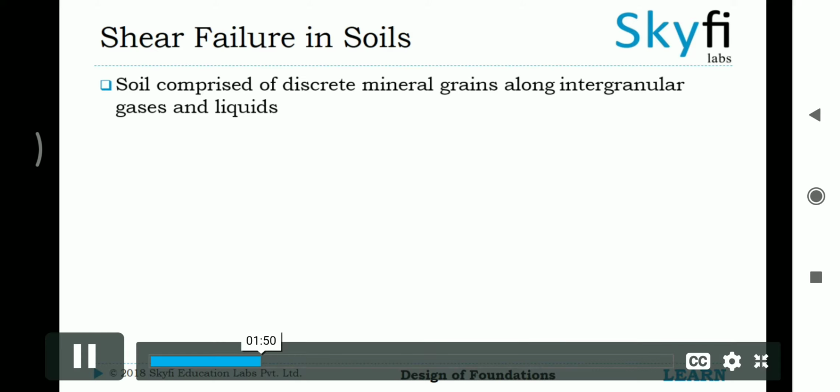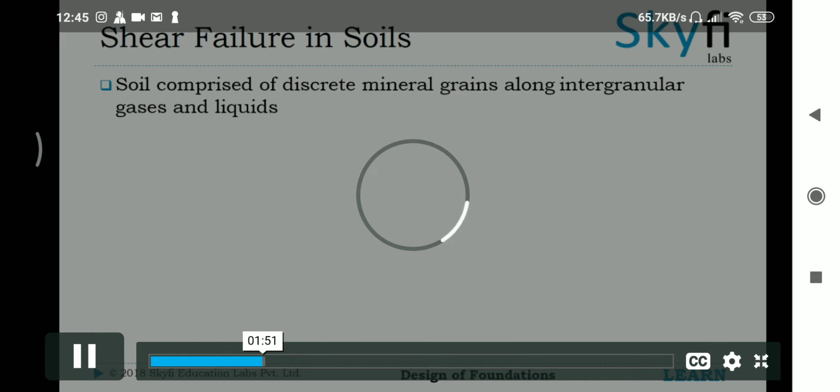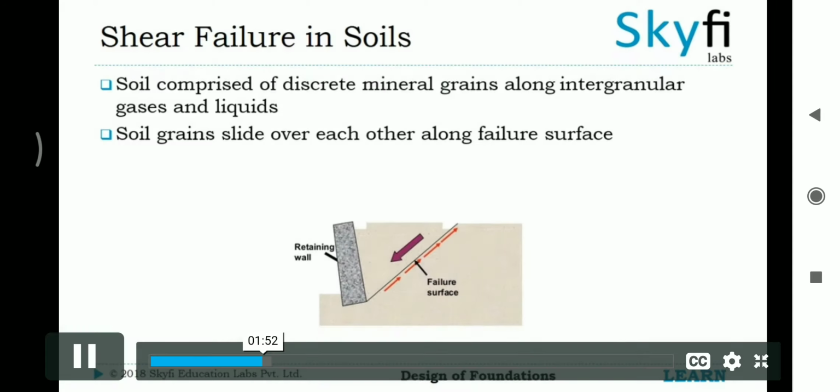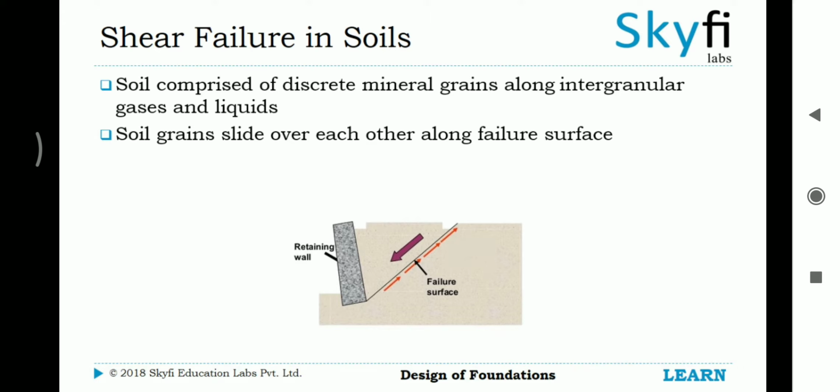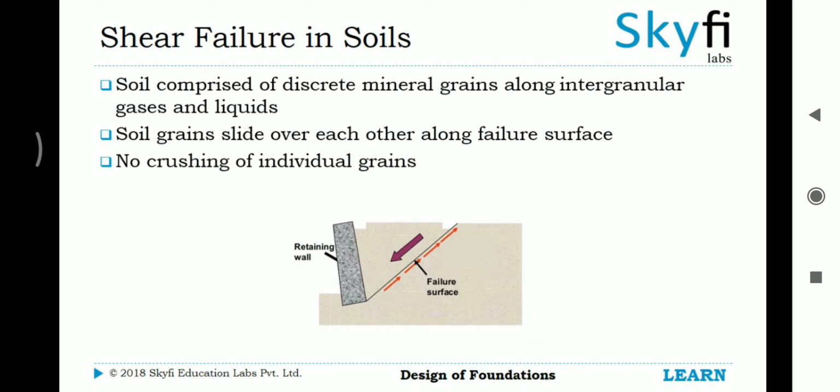These soil grains slide over each other along a surface called the failure surface. When they slide over each other, the structures in the soil also get displaced and fail. Note that the individual grains do not get crushed during shear failure. They only slide over each other.